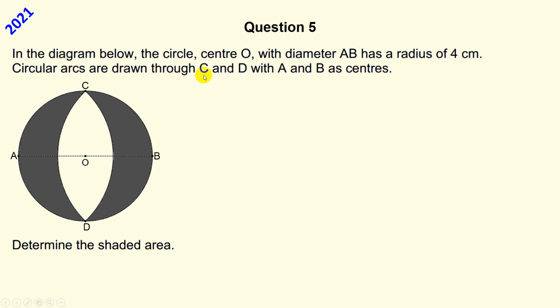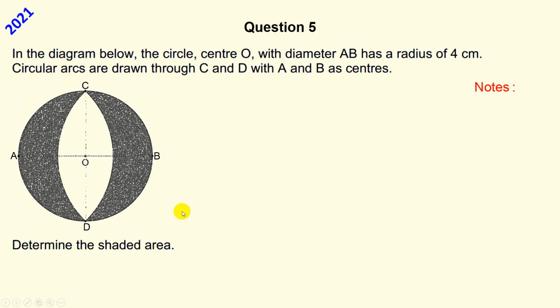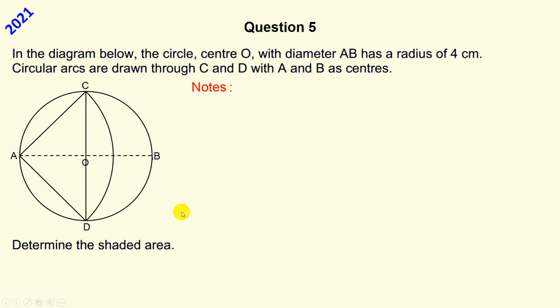Circular arcs are drawn through C and D with A and B as center. So there is A as a center. I've drawn through there, so there is your radius to there, radius to there. And in fact, this arc is exactly the same on the right-hand side. So, some notes.